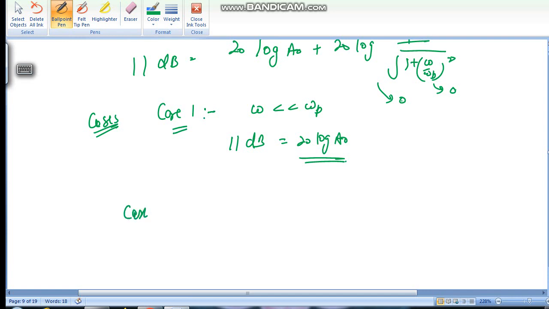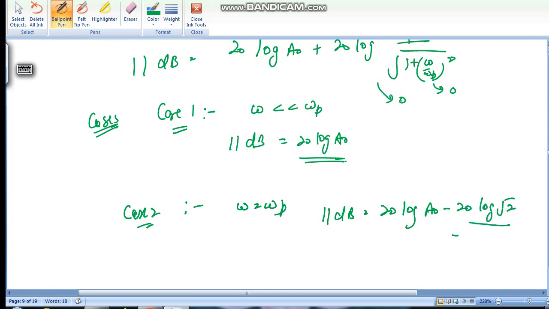Now let's consider case 2, in which omega equals omega p. In this term, with omega equals omega p, we get 1 by square root 2. So the magnitude dB response will be 20 log A naught minus 20 log square root 2.